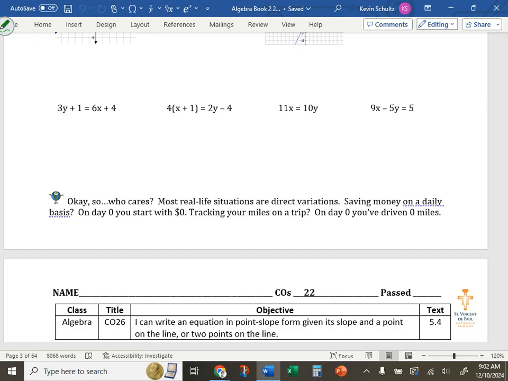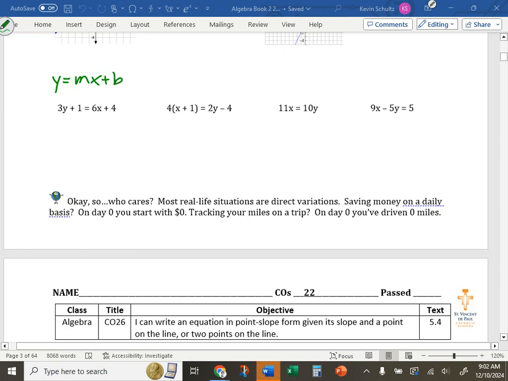Sure. Okay. So the first one, remember, our goal is to get y by itself. We want y on the left side of the equation, x on the right side of the equation, okay? Which is already happening, right? Y is already on the left, x is already on the right. So do we have to do anything with the x term?